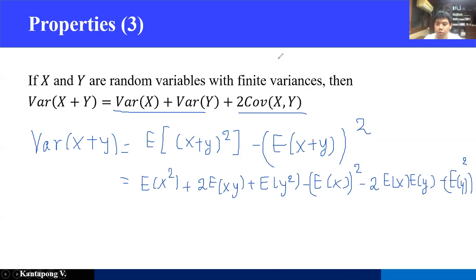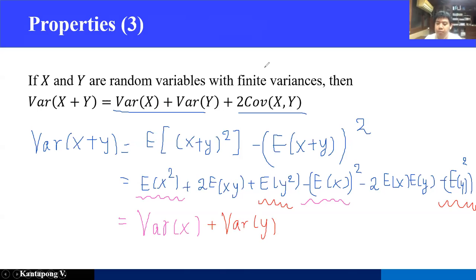Okay. Group these terms. E[x squared] minus E[x] squared is gonna be what? Variance of x. Group another term: E[y squared] minus E[y] squared. What does it mean? Variance of y.